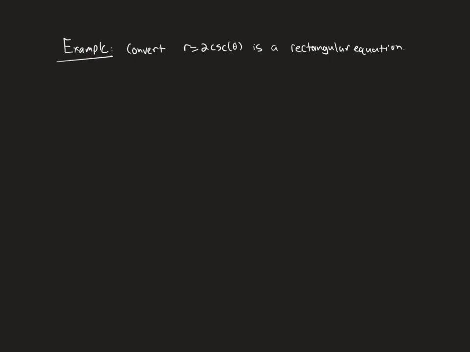So now the goal is to get rid of the r's and thetas and see what we can come up with. I don't like to think about cosecant, so I'm going to think of that as 1 over sine. Then I'm going to multiply both sides by sine to get that out of the denominator, so I can think about it a little bit easier.